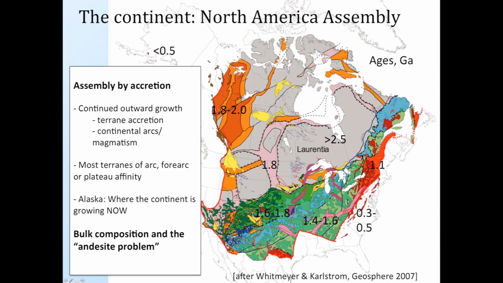So Alaska is the modern day analog for a lot of the processes that we think made up North America. One of the big problems in understanding how this works is that most of this material that's added to continental crust comes from things like oceanic plateaus and arcs. And there's a real first order petrologic problem, the andesite problem, of how you get from that material to what we think crust is, that I'll touch on in a few slides.